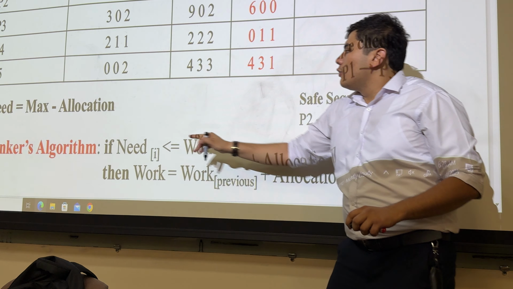Now our available is how much? 002 plus this one, right? So 745. Now it is 745. Okay. This one is next, so next it's going to be P5.